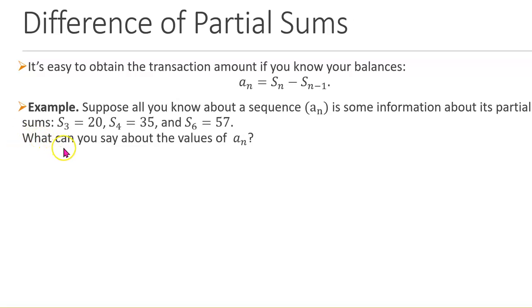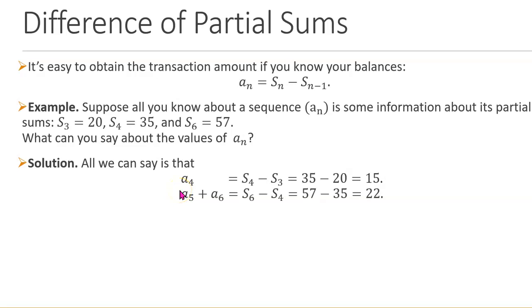So, for example, suppose all you know about some sequence is a few partial sums: S3 equals 20, S4 equals 35, and S6 equals 57. What can you say about your original sequence, the sequence a_n? Let's see.